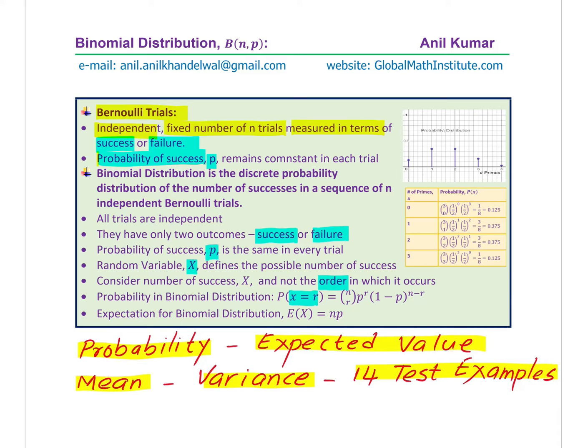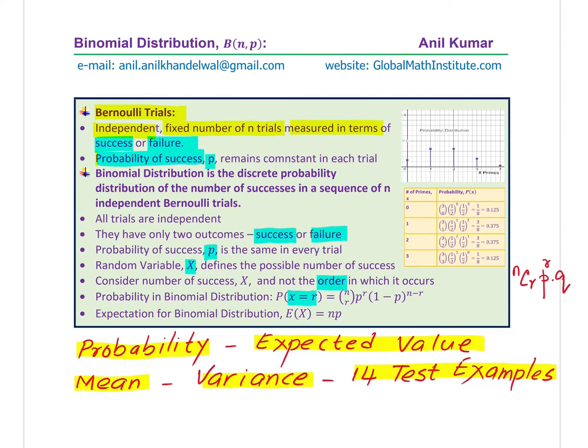The probability of a binomial distribution is given by n choose r, p to the power of r, times 1 minus p to the power of n minus r. Since 1 minus p is q, we could also write this as n choose r times p to the power of r times q to the power of n minus r.